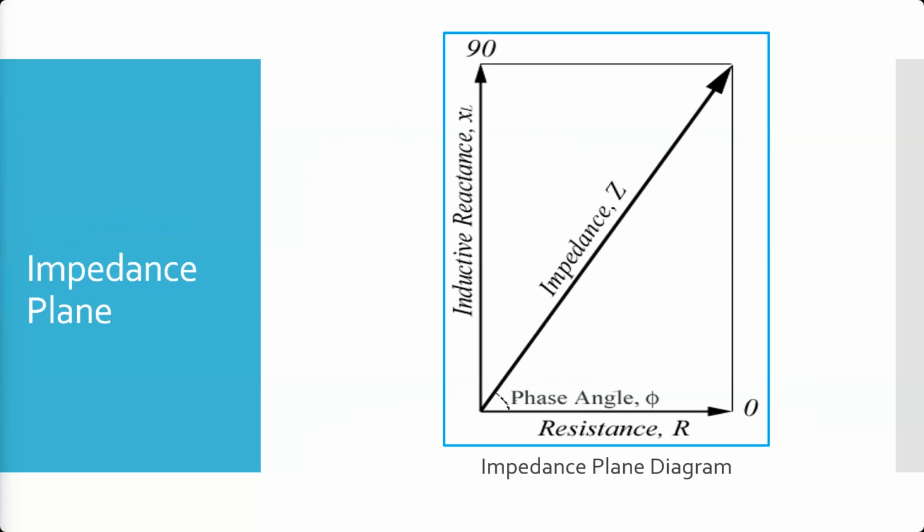The total impedance is this arrow here. You can see it's not the sum, it's not just R plus XL. You can't just add them together. To find this length, essentially you have to use the Pythagorean theorem: resistance squared plus inductive reactance squared equals impedance squared.